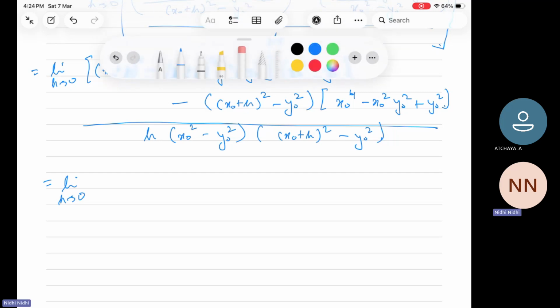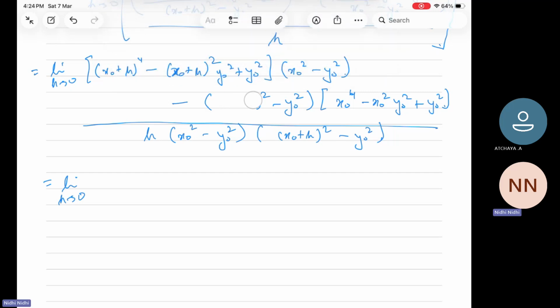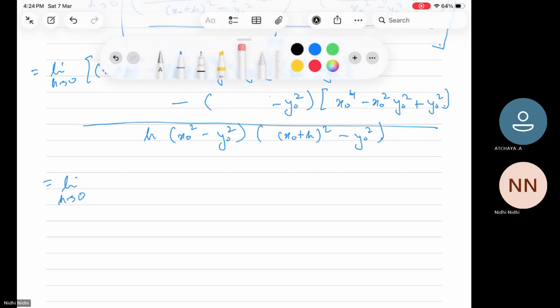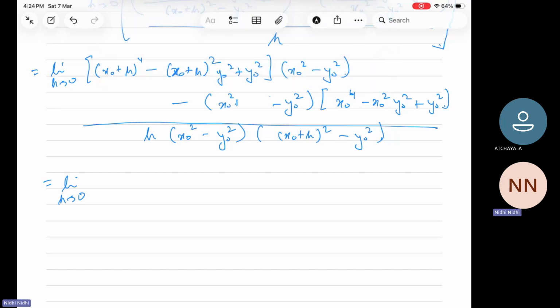So if I just expand this, this will be x naught square plus h square plus 2 x naught h, taking x naught square common. Whatever is there with it, we'll take it one side.